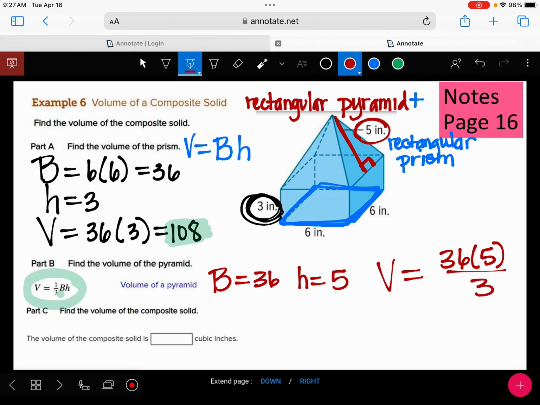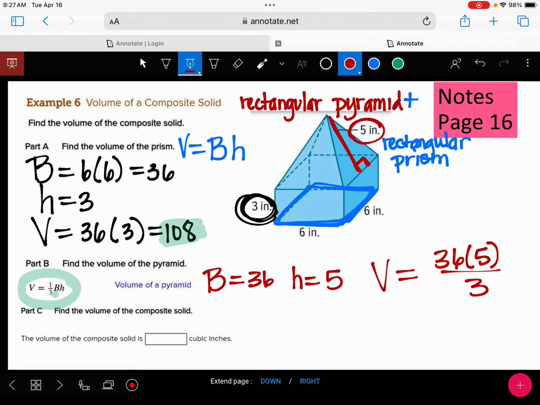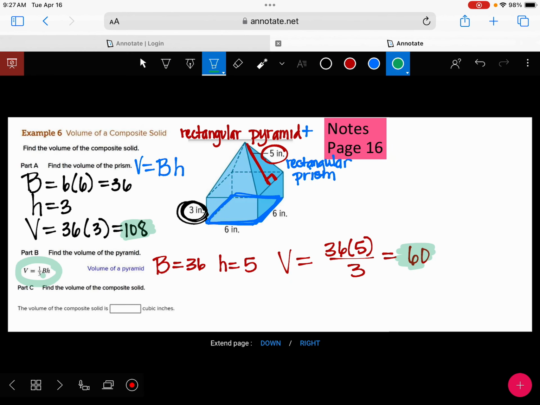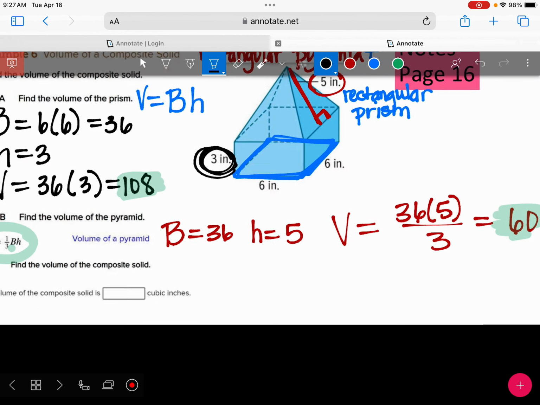All right, who got 60? Make sure it's 60. Pick up your calculators and double check your numbers. Take 36 times 5 and divide that by 3. You should get 60. So now to find your total, you're going to add your two numbers together.